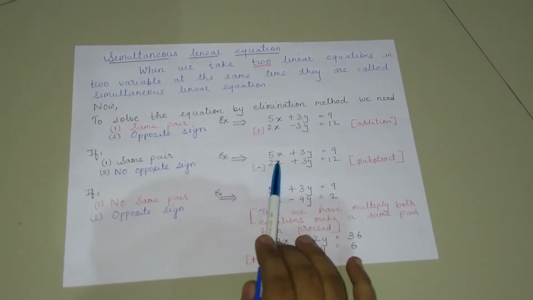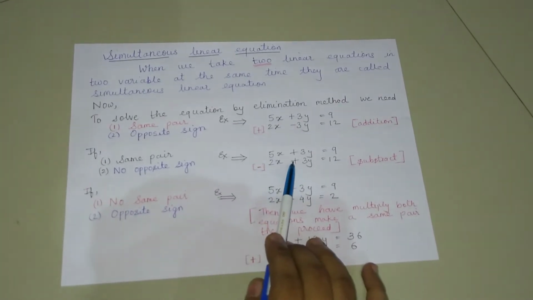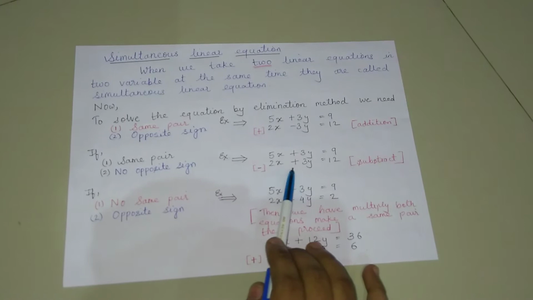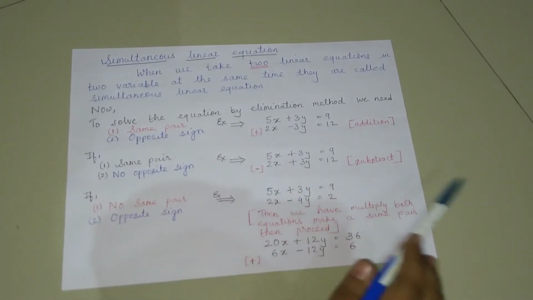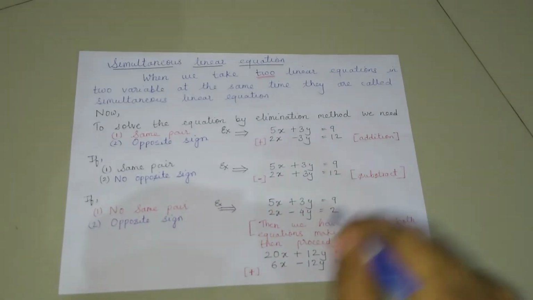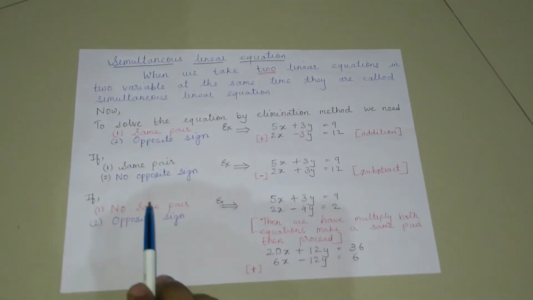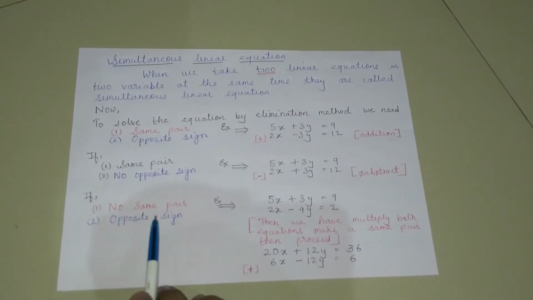When we subtract, it will be 5 minus 2, and the plus sign will change to minus. So plus 3y minus 3y will get cancelled, and we will get the values of x and y.